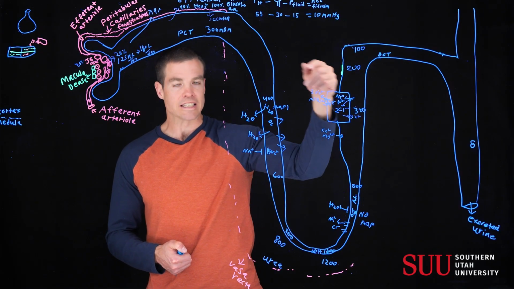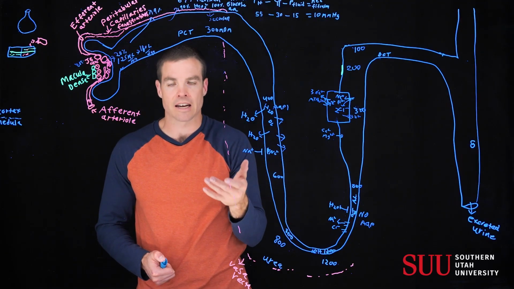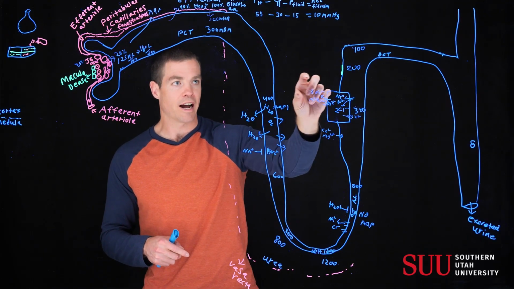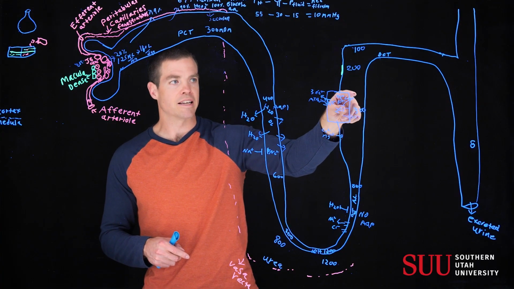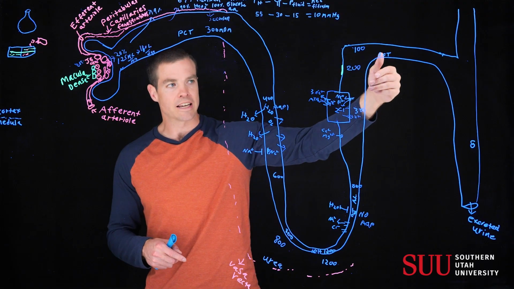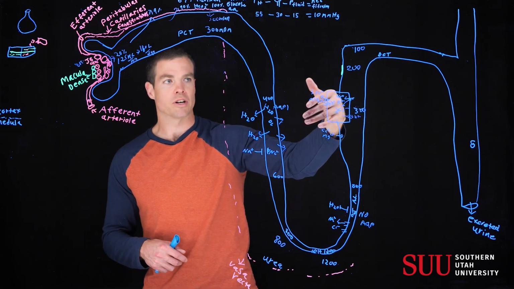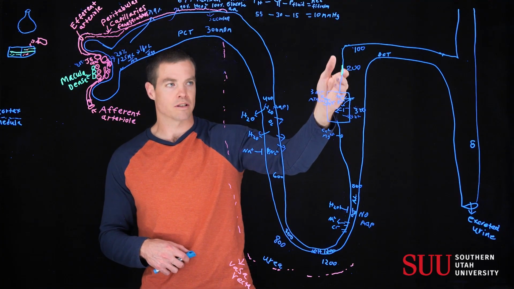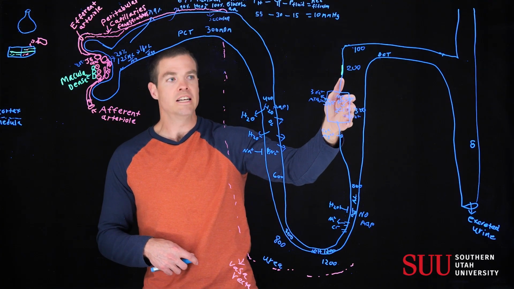Inside of the cell, the sodium levels aren't high. It's high out here and high out here, but it's not high inside of the cell itself. And so the sodium is going to enter, following its concentration gradient, and it's going to bring in with it a potassium and 2 chloride ions. So that's the sodium, potassium, 2 chloride channel.